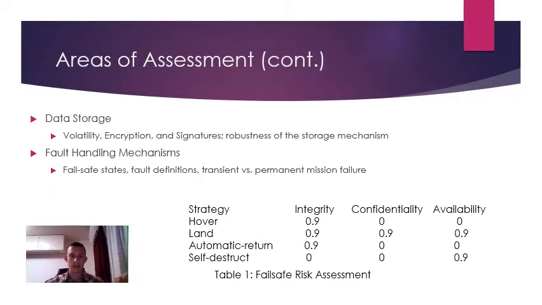A lot of the different strategies that are available pretty much fall under four categories, especially if it's a mission-critical fault. You'll have hover, land, automatic return, and self-destruct. And I feel like those are pretty self-explanatory. And all of those have different fault levels on them, or different risk assessment levels to them.